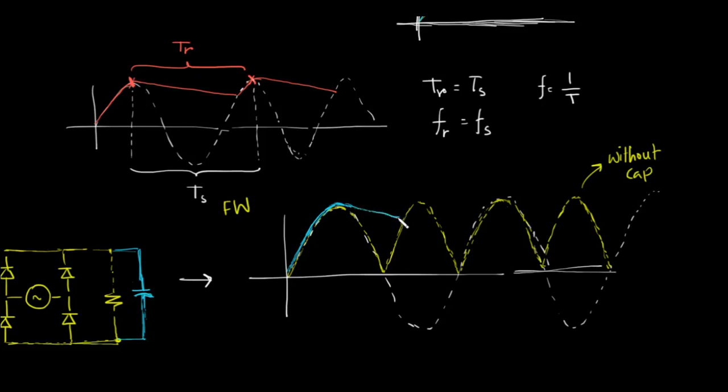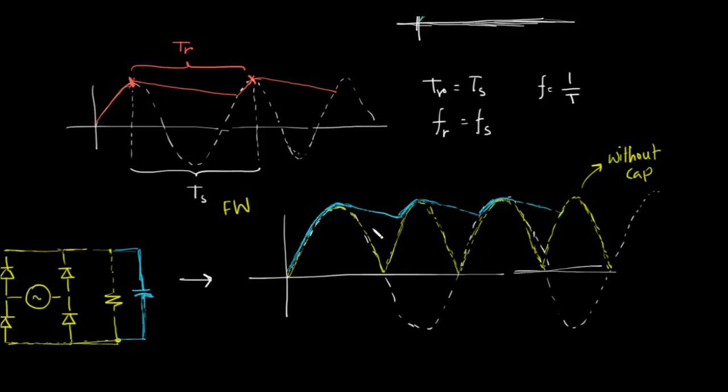And then another charging cycle will begin. Sorry for my slow drawing speed, I am not so good at drawing graphs. Then another discharging cycle will begin, and you get the idea of what is going to happen.